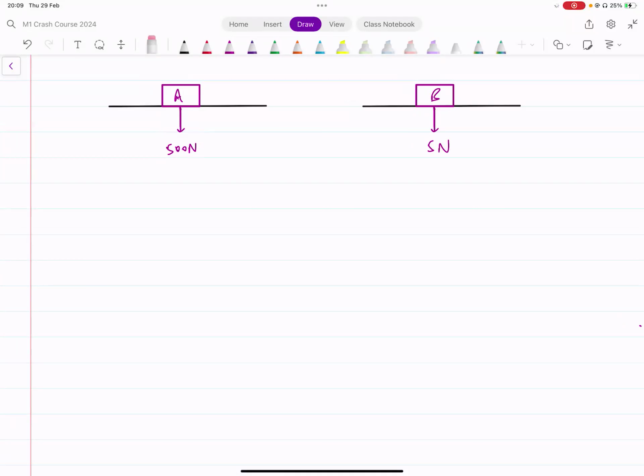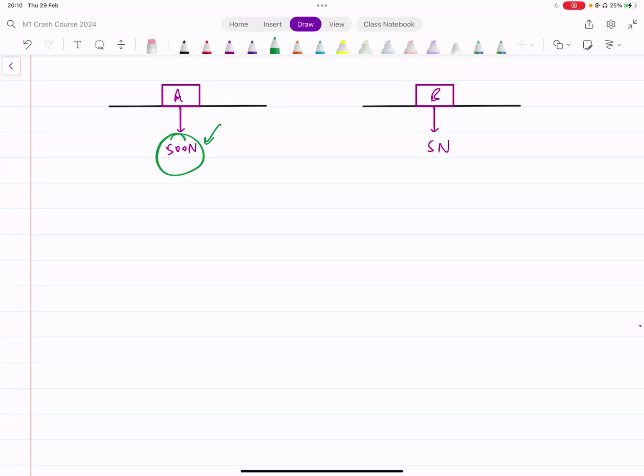Now, why does having more weight result in more friction? Because if A has more weight, what that means is A is applying a force of 500 Newton on the surface. So that basically quantifies the strength of the contact between the block and the surface. They are connected by a force of 500 Newton.